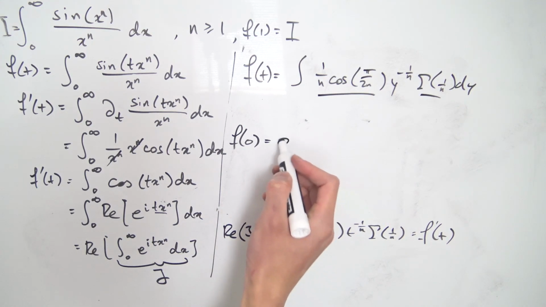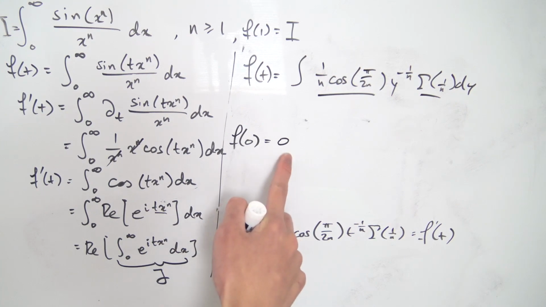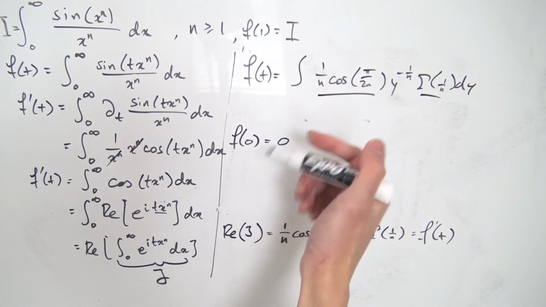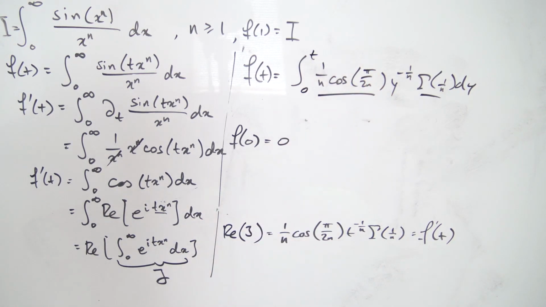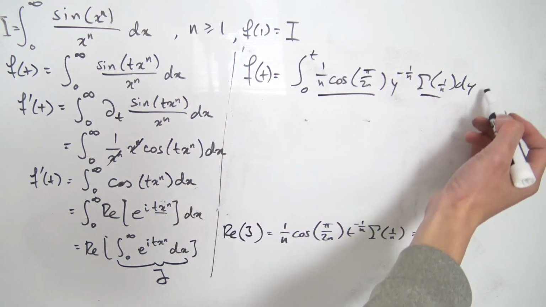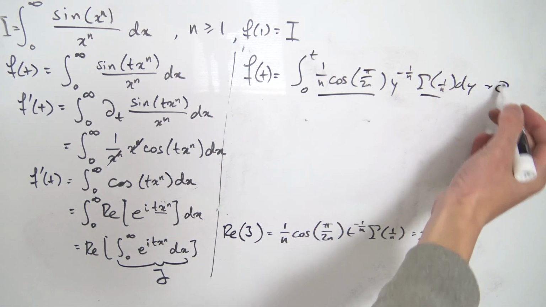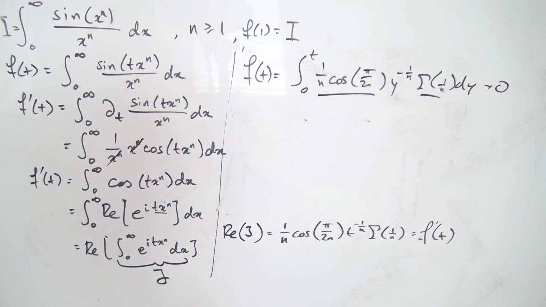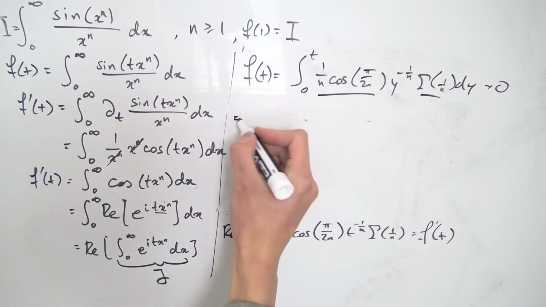So in fact, f of 0 is exactly 0. So this is kind of like our initial condition right here. If we start at 0 and we run our integral all the way up to t, which is the variable we want to deal with, we also have to add on the initial value on the end, which is 0, but that doesn't really change anything.